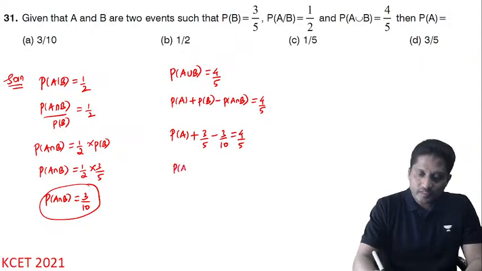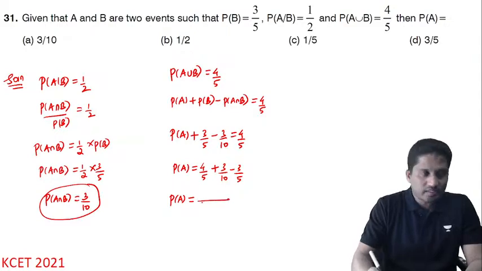Okay, now P of A is equal to 4 by 5 plus 3 by 10 minus 3 by 5.